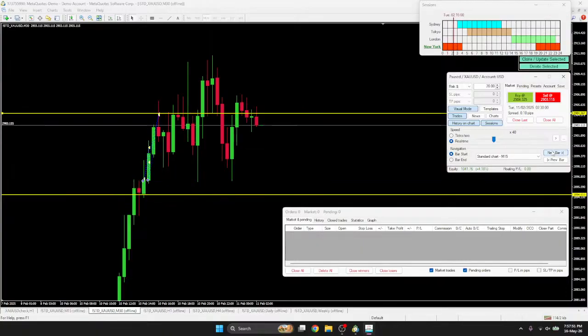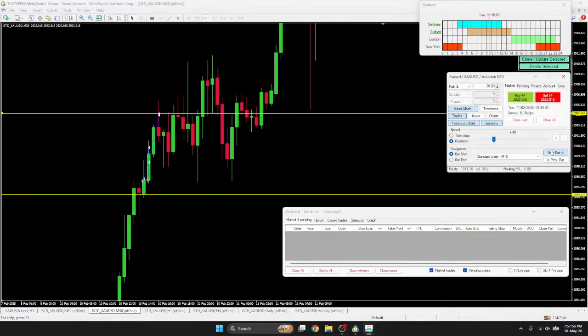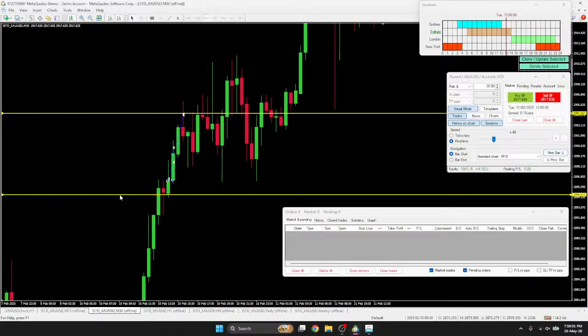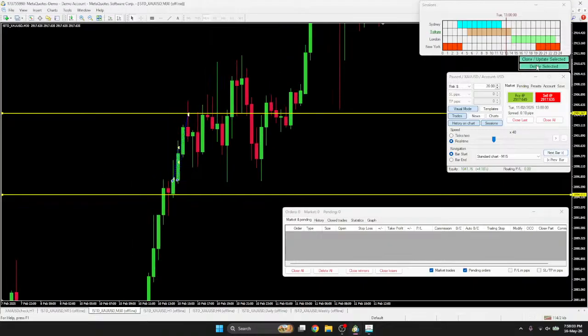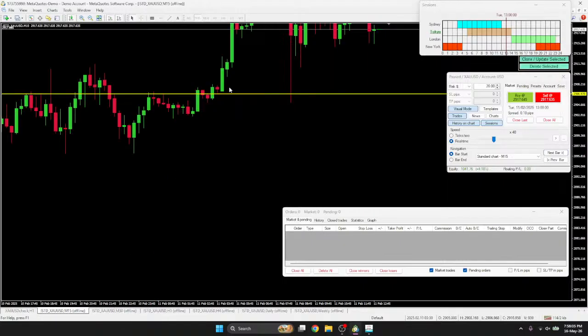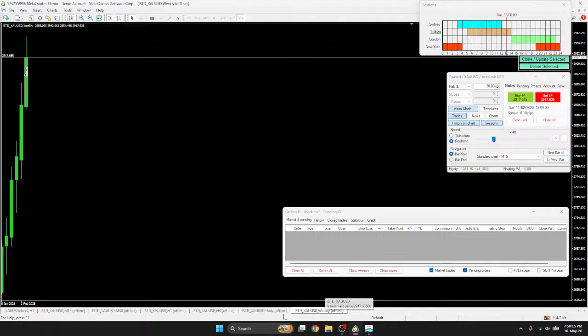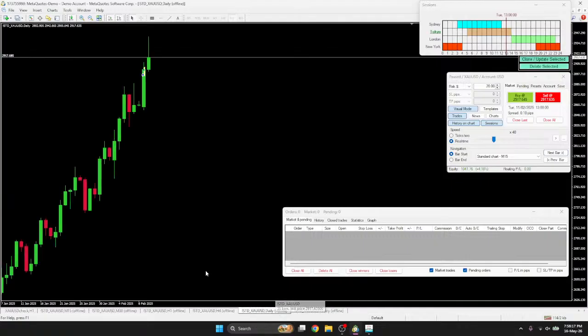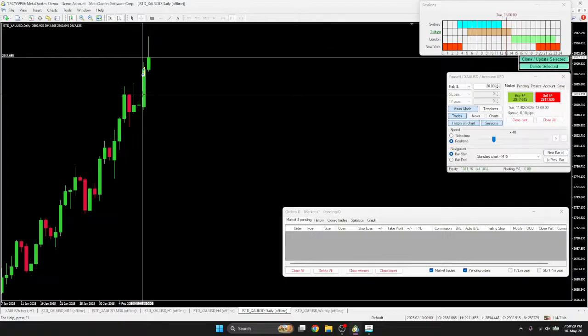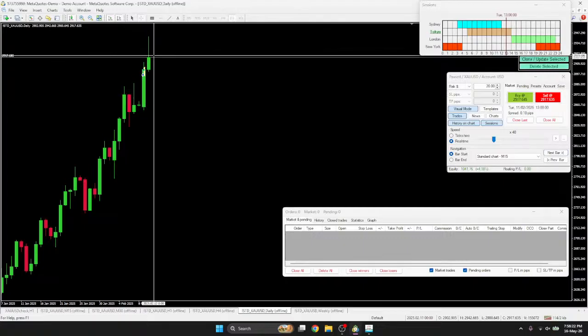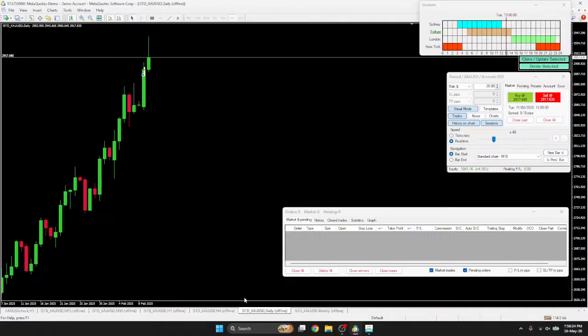So let's move to the next day, the pre-London session. So this is our pre-London session. If we look at the weekly, it is super bullish, the daily is bullish, but the previous daily closed far away from the zone, so there is a high chance that the daily can be pushed down.